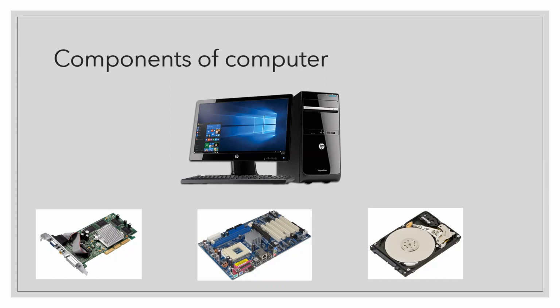So what is software? Software is the program that can be run on the computer. Very easy, not difficult. In other words, we can say software is the heart, or the soul, of a computer that we can see but can't touch.